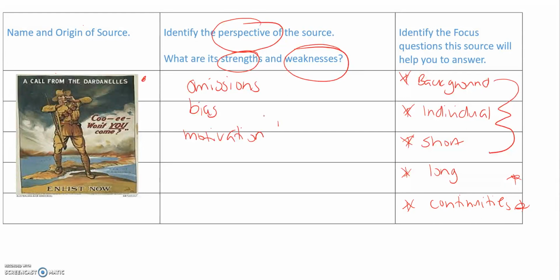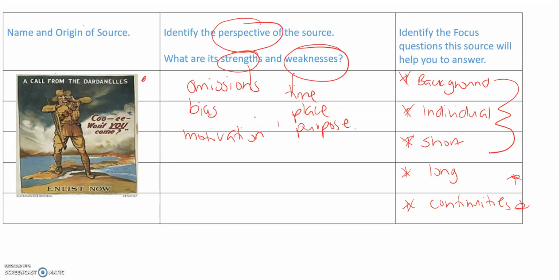So strengths and weaknesses are very subjective as to what you're going to need it for, but you need to have a good look at both. So omissions, bias, motivation, time, place, and purpose of your source for both are good things to consider.